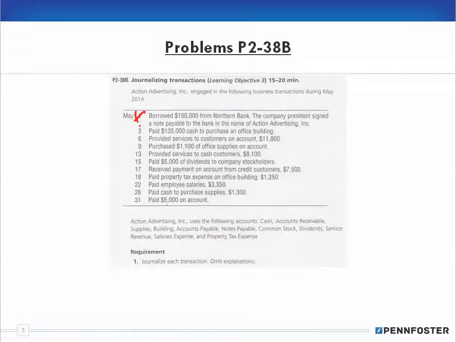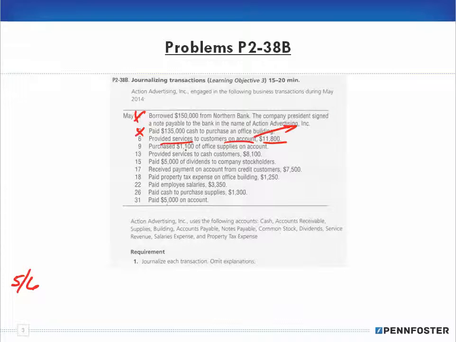All right, next one, May 6th. Provided services to customers on account for $11,800. So am I affecting cash? No. If I'm not affecting cash, then I ask, am I affecting accounts receivable or accounts payable? And the answer is yes, because it's on account.